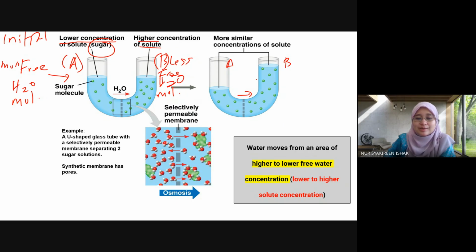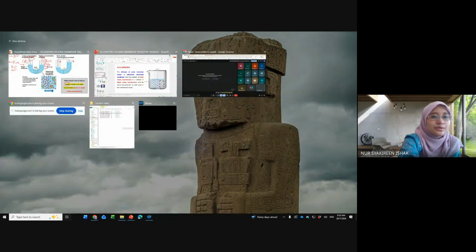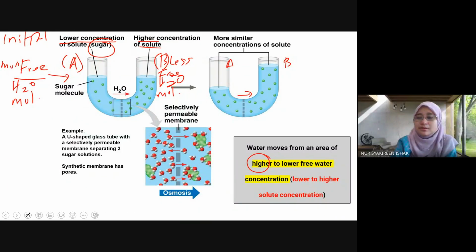The membrane is selectively permeable, so you will see that water moves from an area of higher to lower free water concentration, or lower to higher solute concentration.